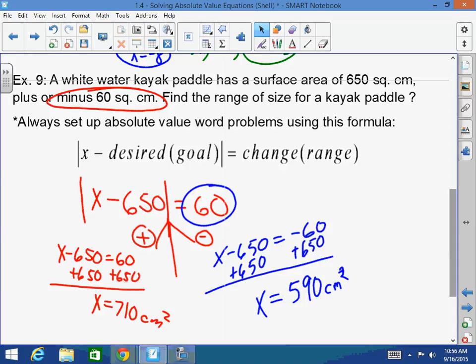The goal will be 650, but it could be anything in between these two. Does that make sense, guys? It breaks up the positive side and the negative side. Any questions on the math here?